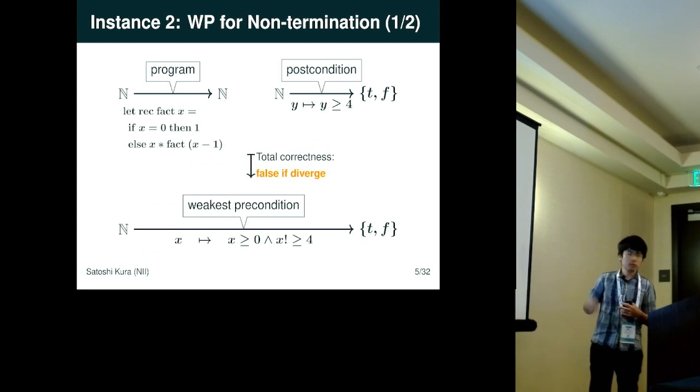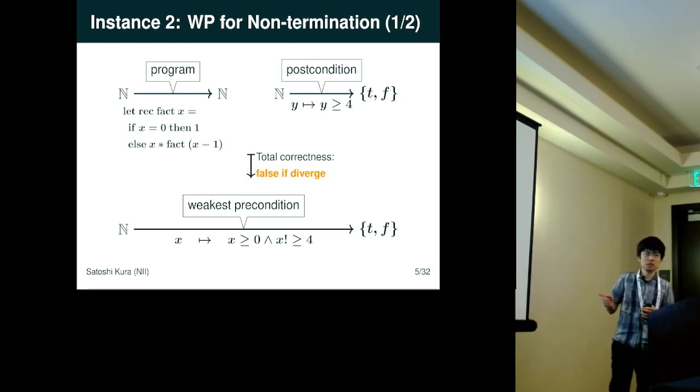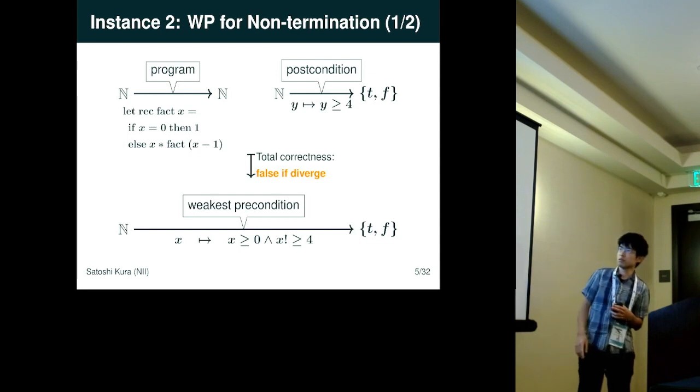Next, let's consider more realistic programs. If a program may not terminate, then we need a slightly different definition of weakest preconditions. For example, consider this program. This program computes the factorial of x if x is non-negative.